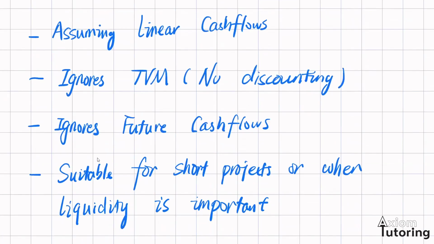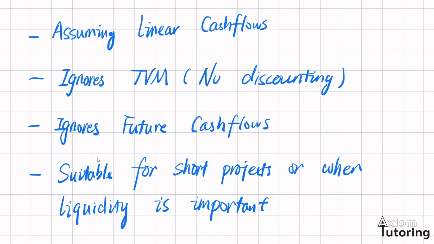Okay, and the second flaw, or a second remark for the payback period, is that it ignores the time value of money, which is the major flaw for this method here, because there's no discounting. So we're sort of skipping the first principle of finance. So it's very rarely used due to this reason.